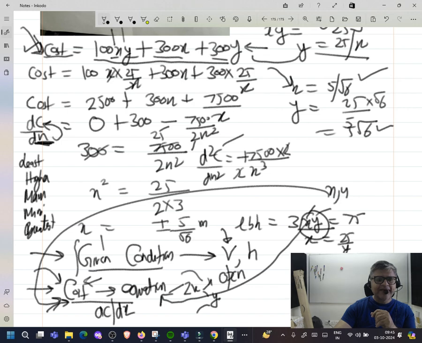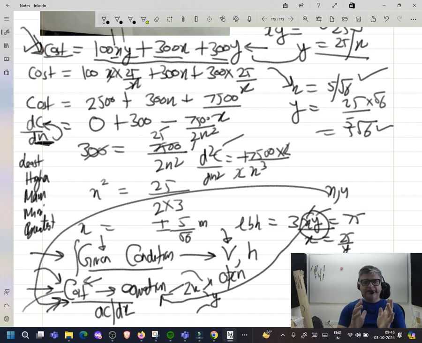So get one variable from the given condition and substitute here. Make the equation one variable and then start doing the single derivative, double derivative testing, and find the value of the variable which amounts to a maxima or minima situation depending on your double derivative test.